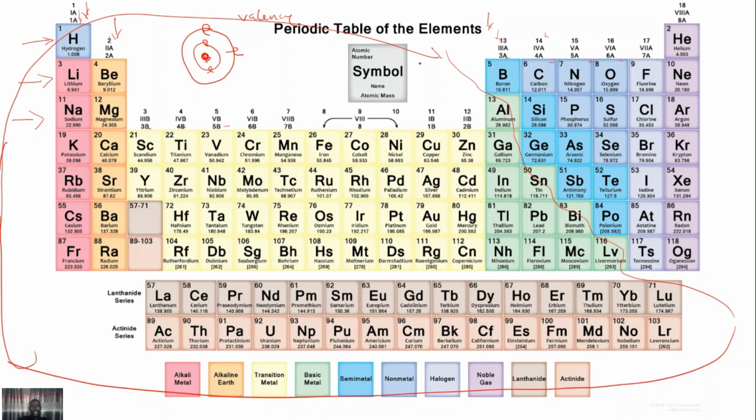They have their specific physical properties. What makes them metals is the fact that they lose electrons in their outermost shell and become positively charged ions.